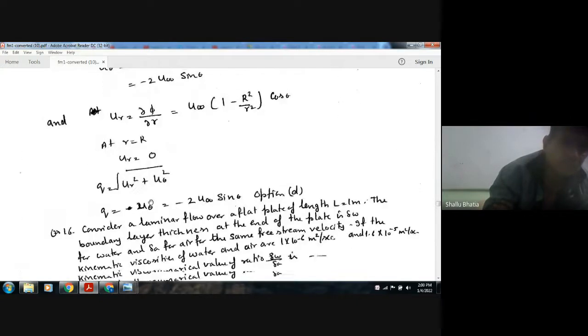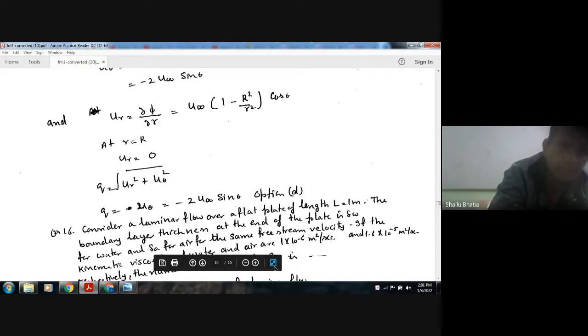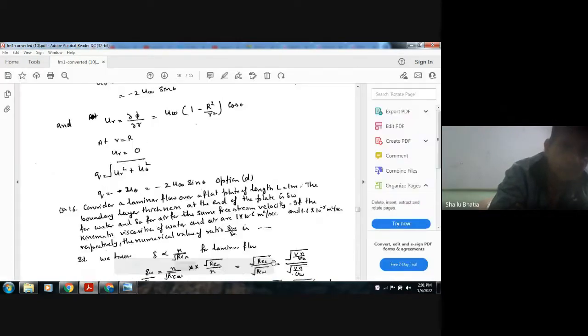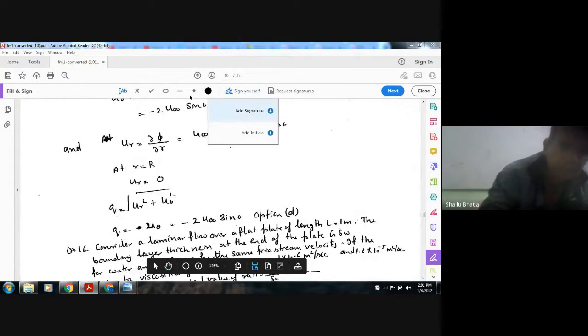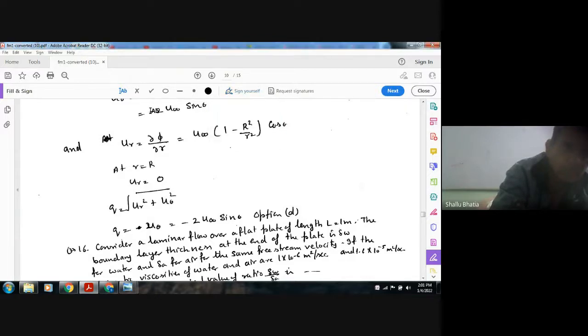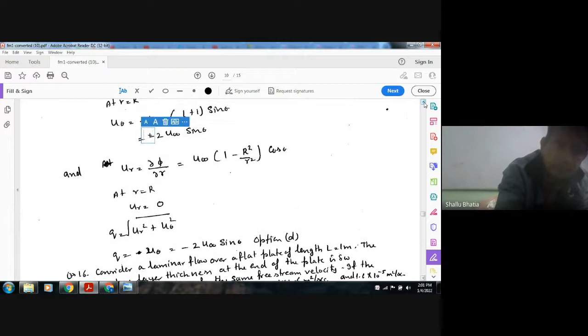Along the surface we have u_r equal to 0 and u_θ is, here it should be plus, because this formula is minus.